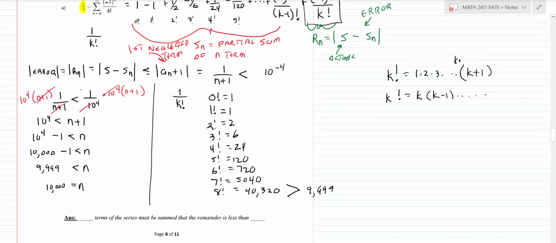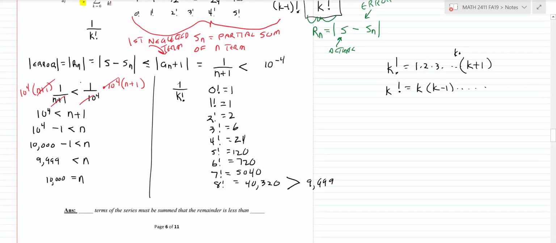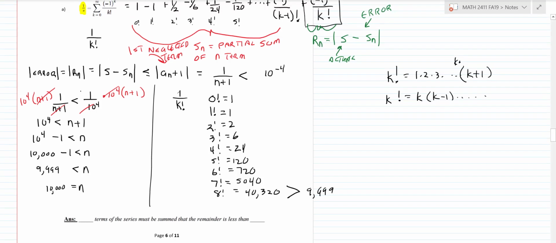If you look at how many terms of the series you must do, count the terms of the series. This would just be 1, 2, 3, 4, 5, 6, 7, 8, 9. So when we get to the 9th term of the series, the series must be summed so that the remainder is less than 10 to the negative 4.